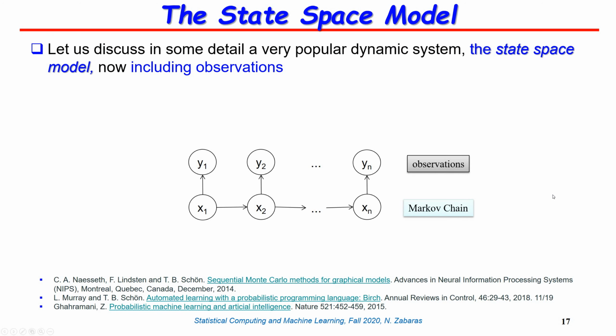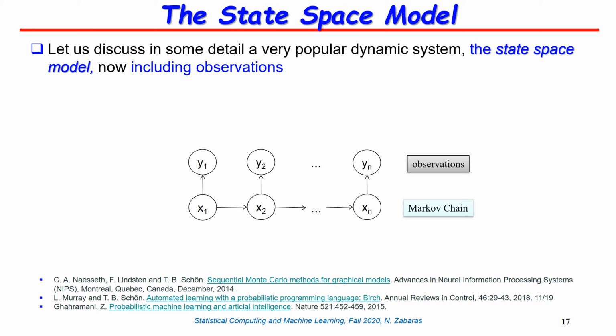Okay, now we are ready to start extending the Markovian model, where we only had the states x1, x2, ..., xn evolving. Right now we're going to extend it and introduce some observations at each time, and I call these observations y1, y2, ..., yn. Okay, so what you see on the bottom is a probabilistic graphical model that defines the dependencies.